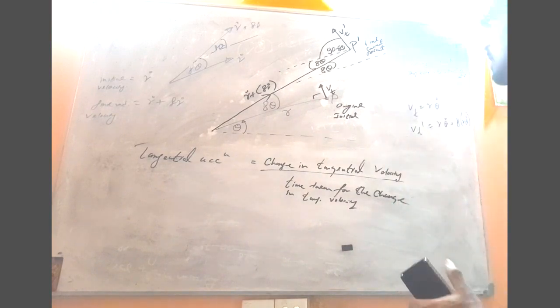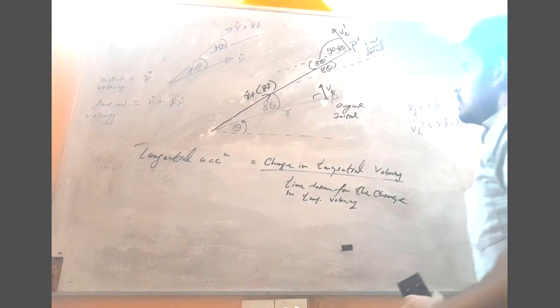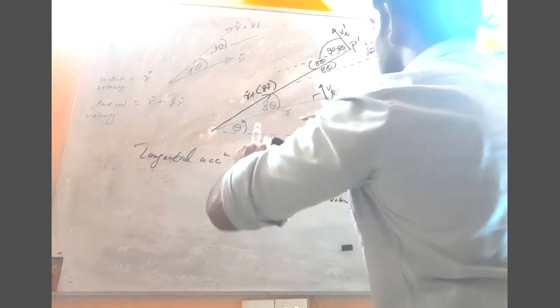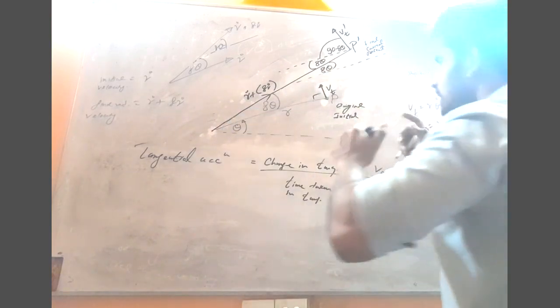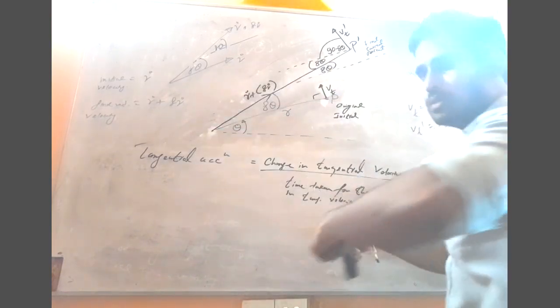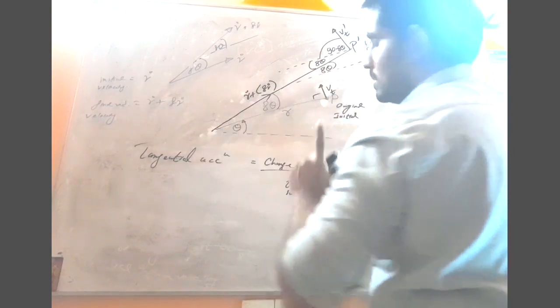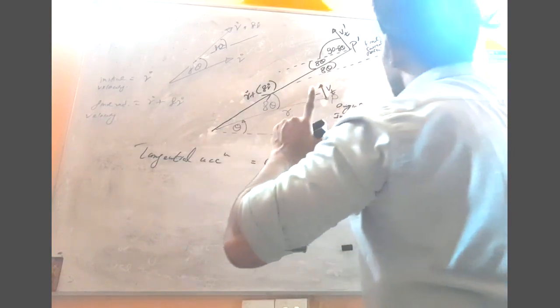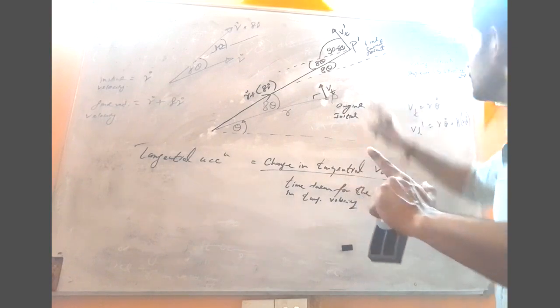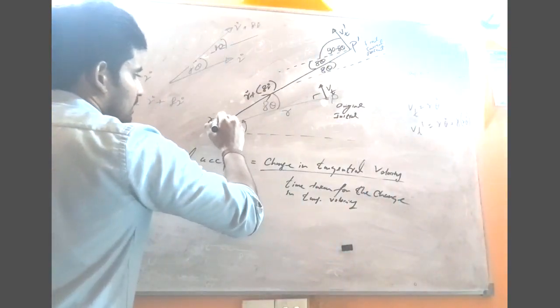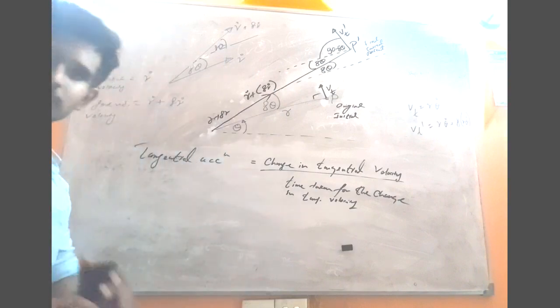Okay, so now what is this radial displacement according to the original position? That is r, right? What is the radial displacement for the final position? So that will be, let's call it r plus delta r, right? Understand?